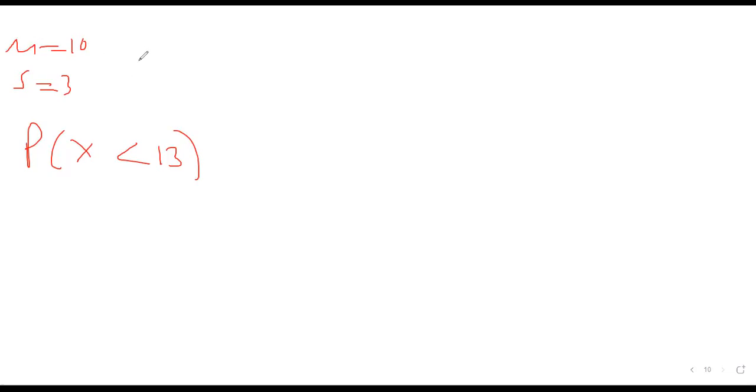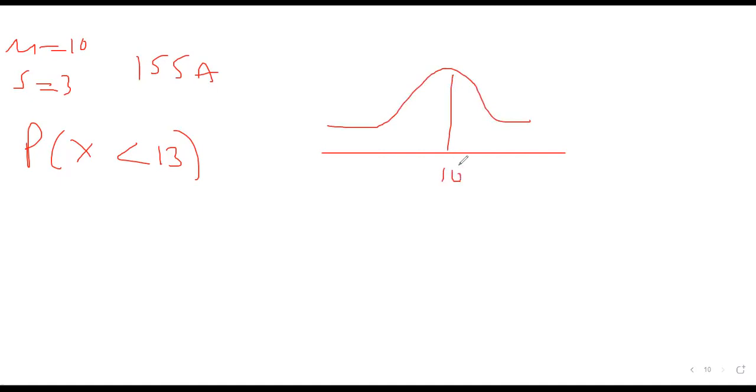So using ISA, what are the steps we use? Number 1, illustrate. Our 10 is here. Our 13 is here. Step 2, shade. So we're saying less than, so we're shading to the left.